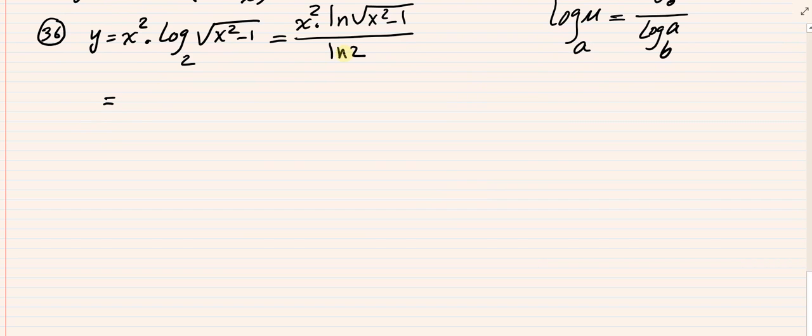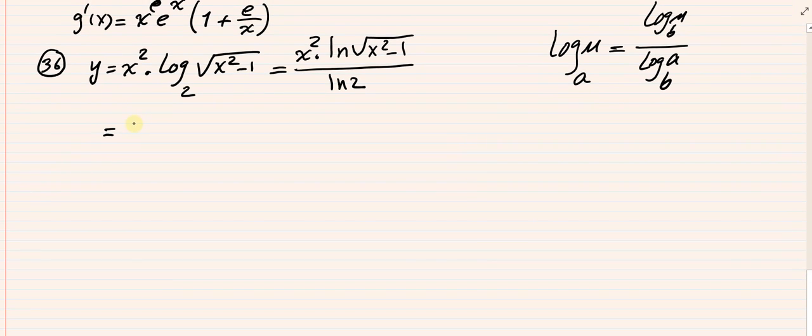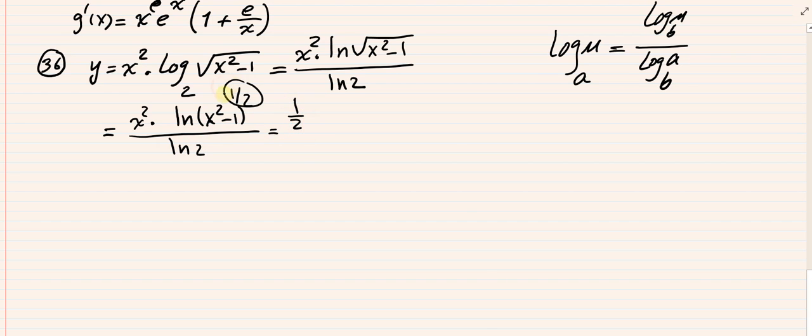So here, again, ln of 2 is a constant, right? So we can actually factor that, and I'm going to rewrite the ln. So this is what I'm going to get: x squared times ln of x squared minus 1 to the 1/2 exponent divided by ln of 2, and then using the power rule of logs, I can bring the half in front of the log, right?